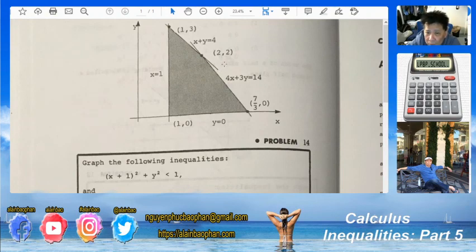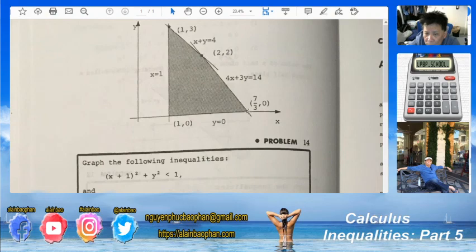So this straight line right here, x equal 0, y equal 4 right here. That's the first point. And the second point, when x equal 2, y equal 2, this second point right here.